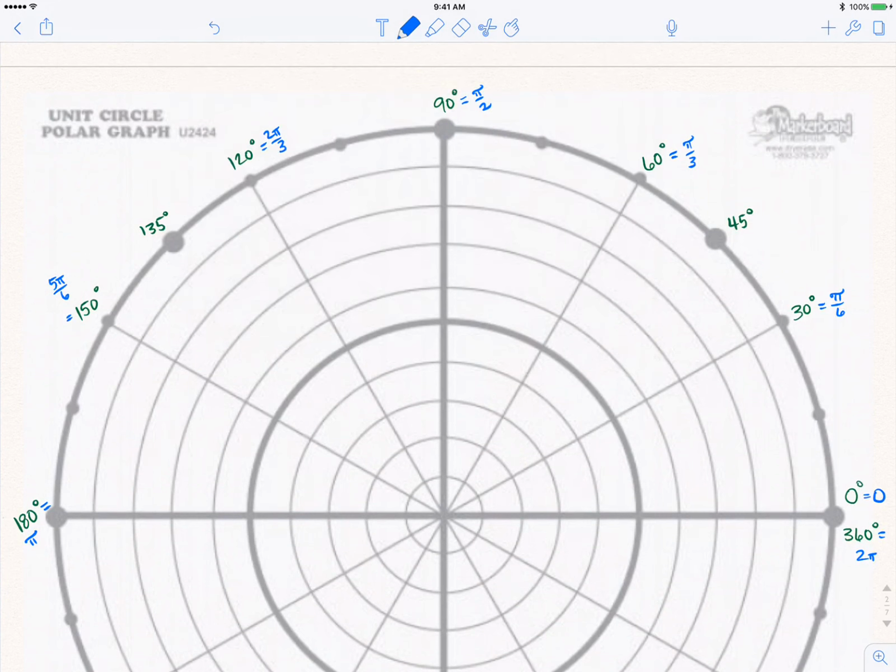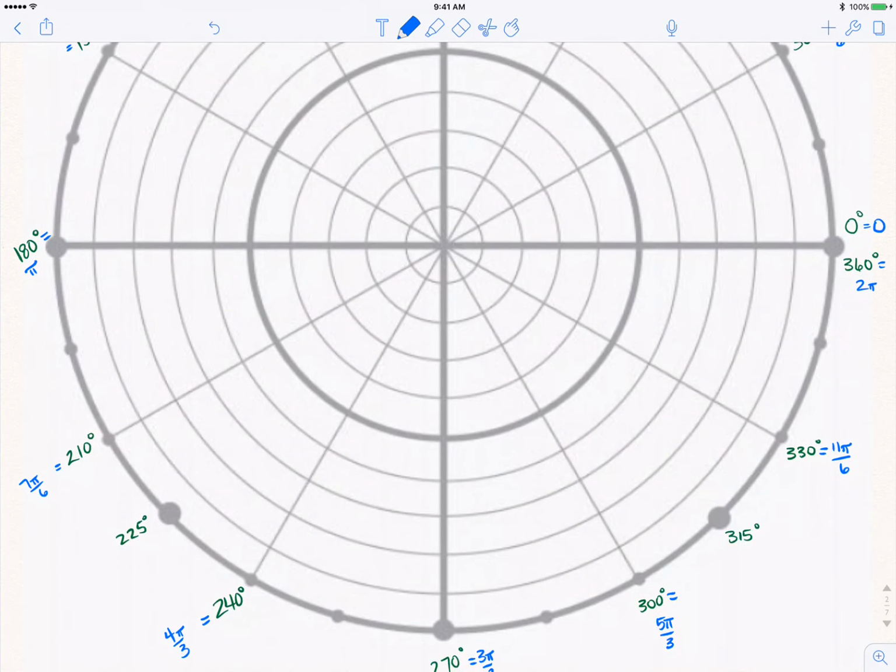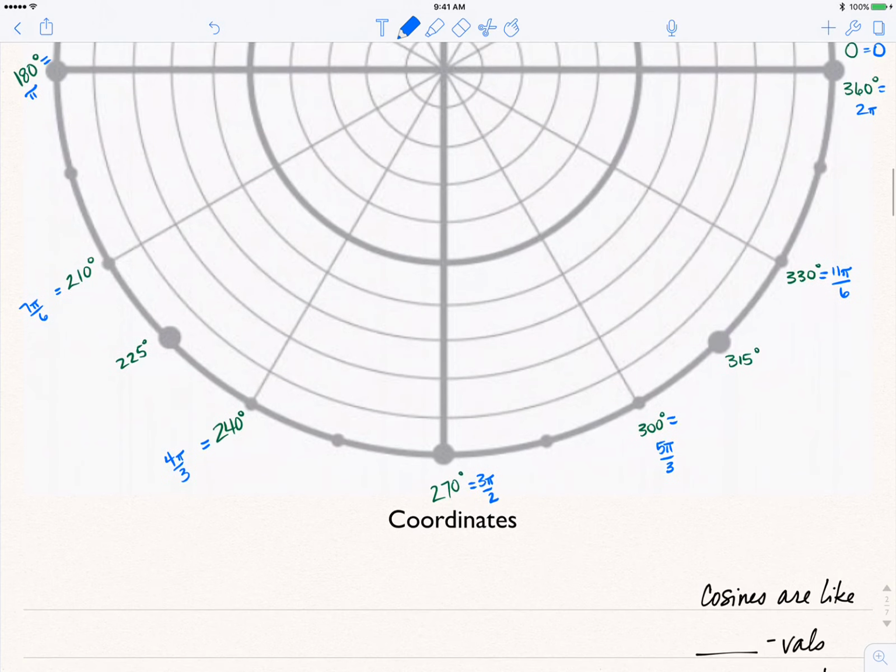Pi over 4s. So the first one is 1 pi over 4. Up at the top, 2 pi over 4. I've already got that one. Middle of the second quadrant, 3 pi over 4. Then 4 pi over 4. Middle of the third quadrant, 5 pi over 4.